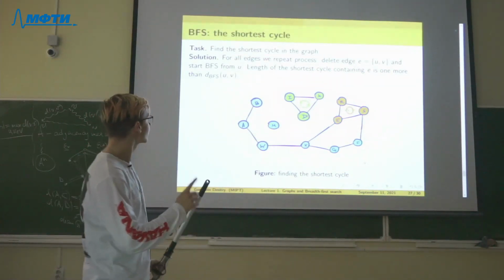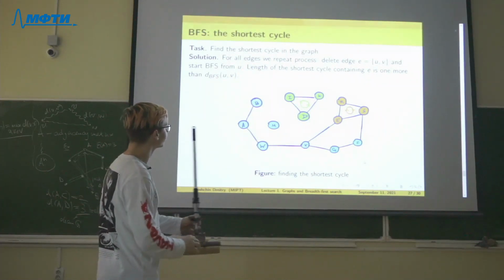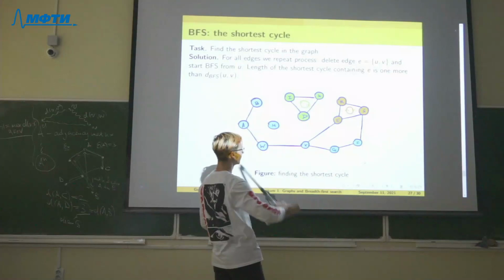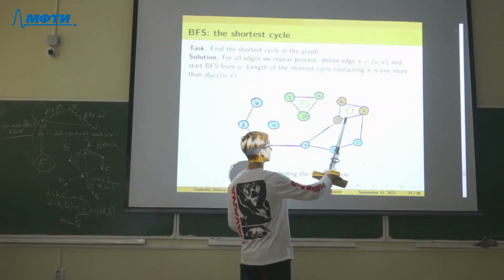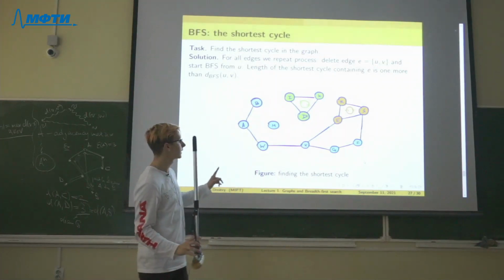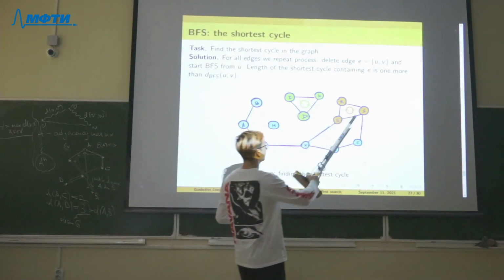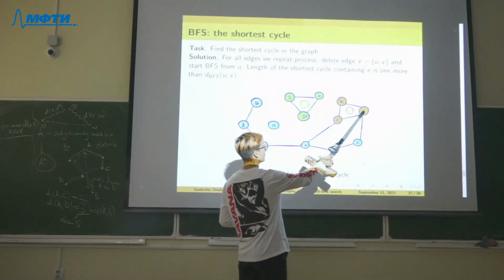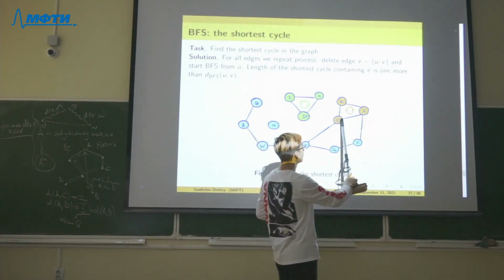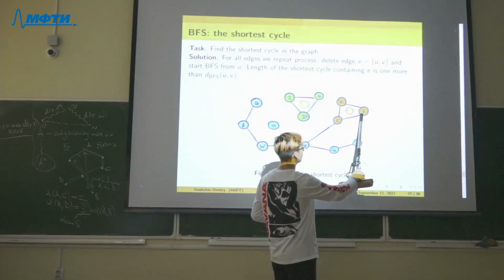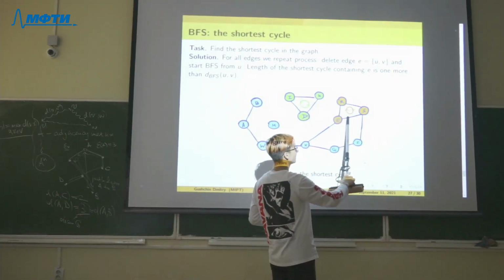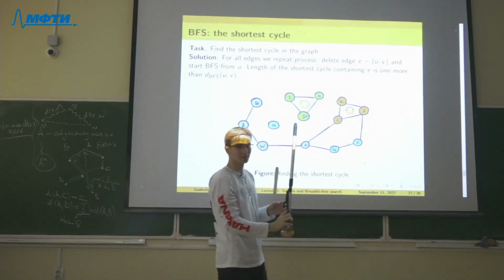The shortest cycle. See, in this graph, we have two shortest cycles. And how to compute the shortest cycle? We can see on these two vertices, for example, E and S, the edge contained in this shortest cycle, yeah?